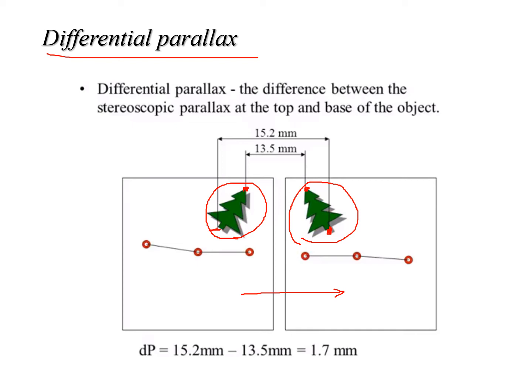The two photographs are kept adjacent to each other. Even though it is shown like this, with some gap in between, actually it is not so. These two photographs may have some gap or may not. We'll discuss this later on. So the distance between these two is 13.5 mm, and let us say the bottom of this will be giving 15.2 mm.